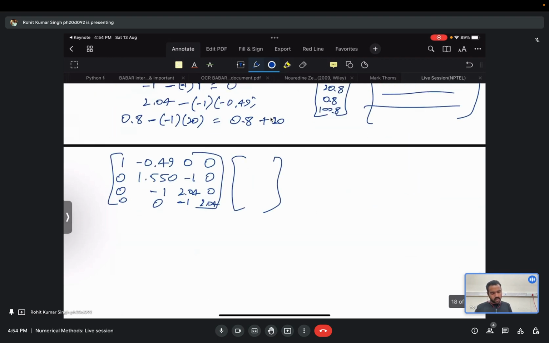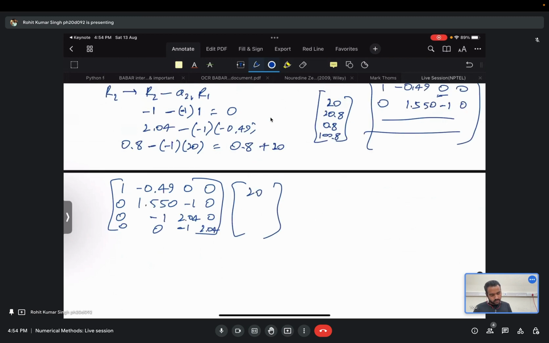And for the B matrix you have 20, 20.8, 0.8, 100.8. Okay, so we are done with our first and second step.